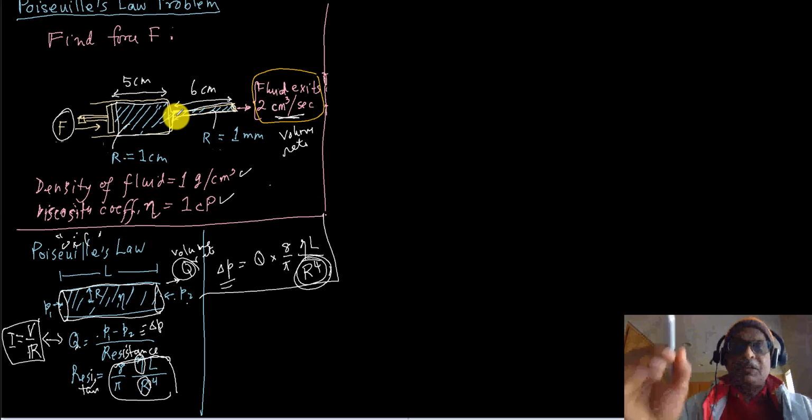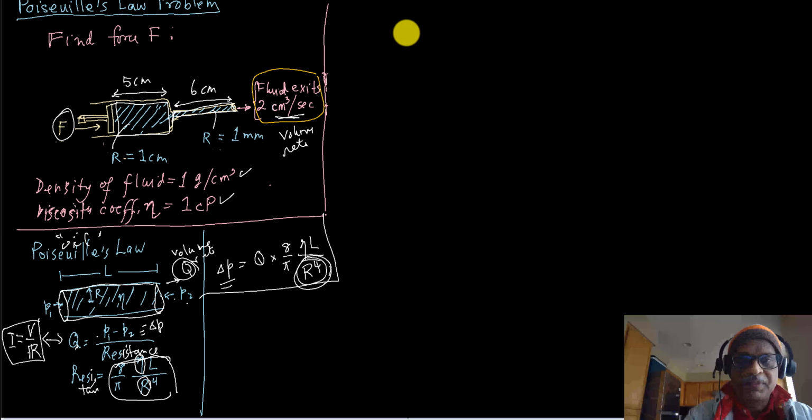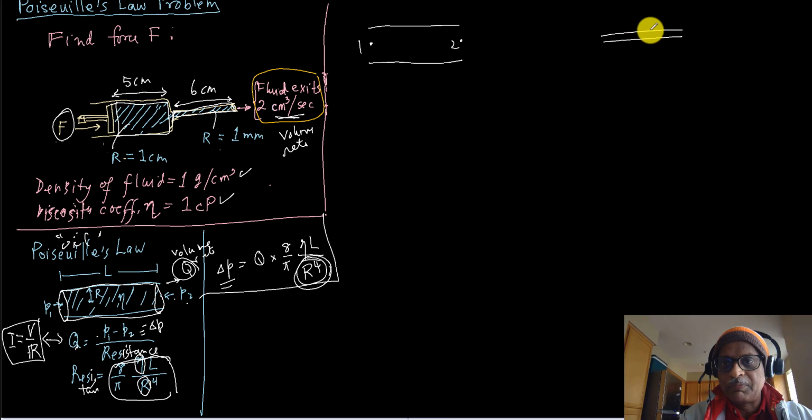And it turns out we need to break this problem up into two parts. So we'll break it up into the first part, let's call it point 1 and point 2, and then we're going to do point 2 and point 3.